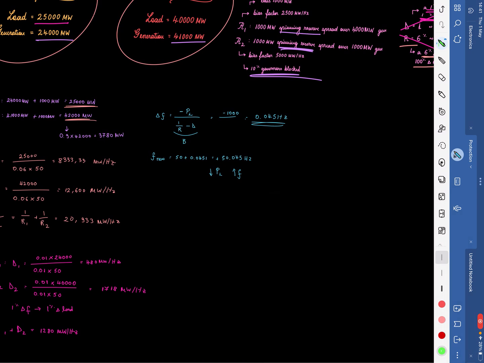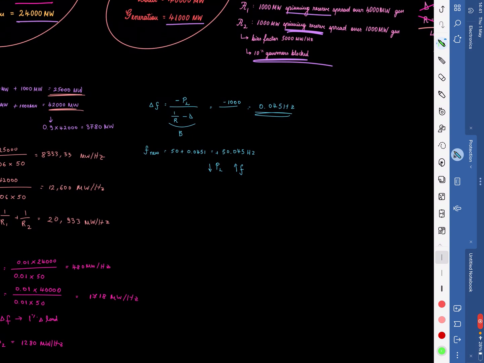Yeah, so we need to find the load in each area. So the change in load, and change in generation. So the change in load is going to be the damping.